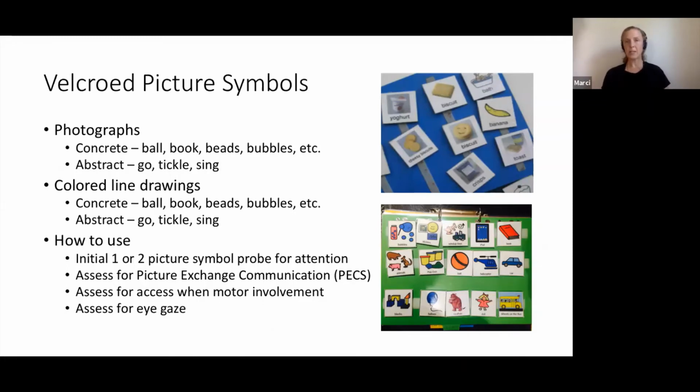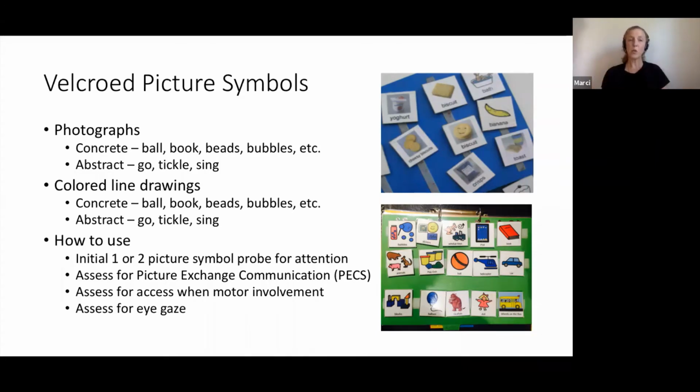How I use these materials, again, is to pull out one or two pictures and make sure to probe for their attention. If I have my ball in my car and I've got the attention on the car, I might take all of that away and pull out the picture of the ball in the car to make sure that I still have their attention, because now I've got this two-dimensional symbol.